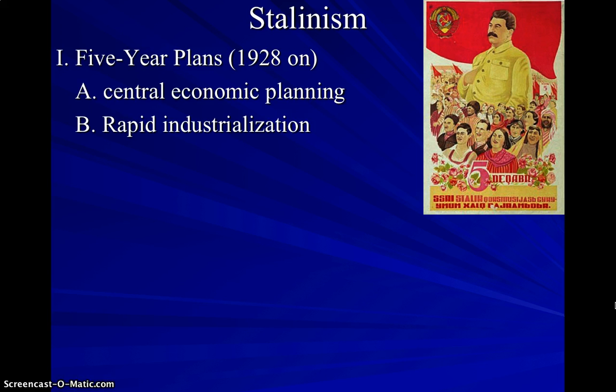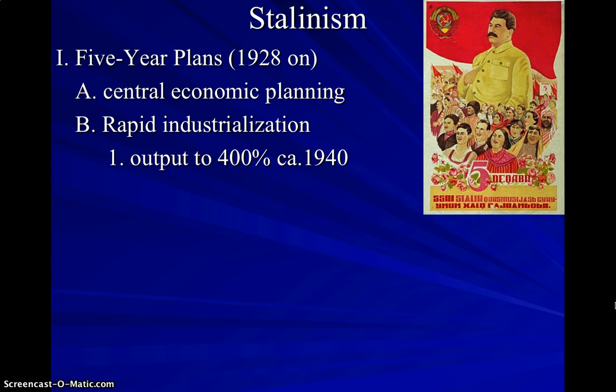Each time the government sets very high goals, demands production increases. So, for example, Stalin claimed that output was increased to 400% by 1940. So each time you put out one of these plans, the government sets a goal. They demand production to increase at least 100%, often up to 300%. They use the spirit of competition of workers to fulfill these goals.